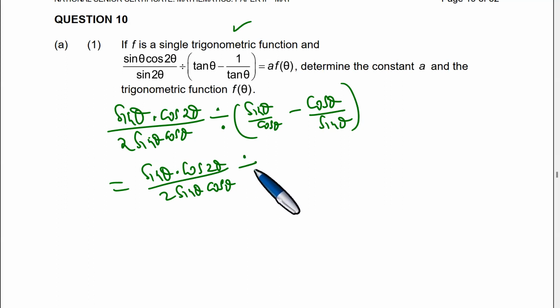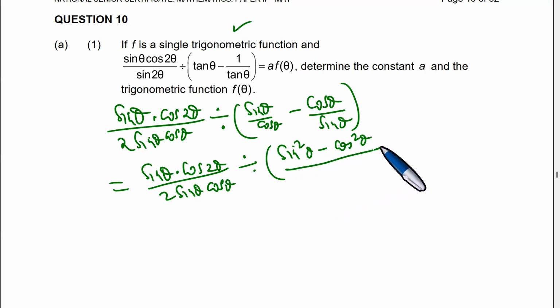Division. This one times this, which is sine squared minus cosine squared theta, divided by sine theta cosine theta, which is the same as what?